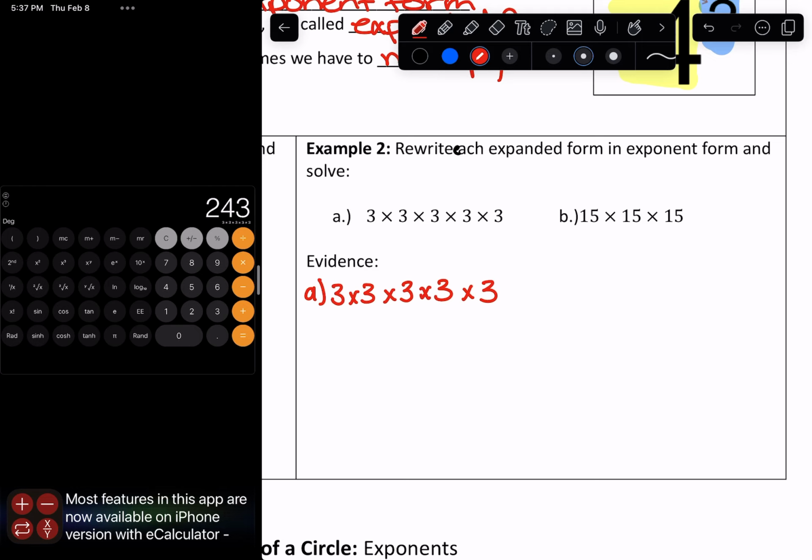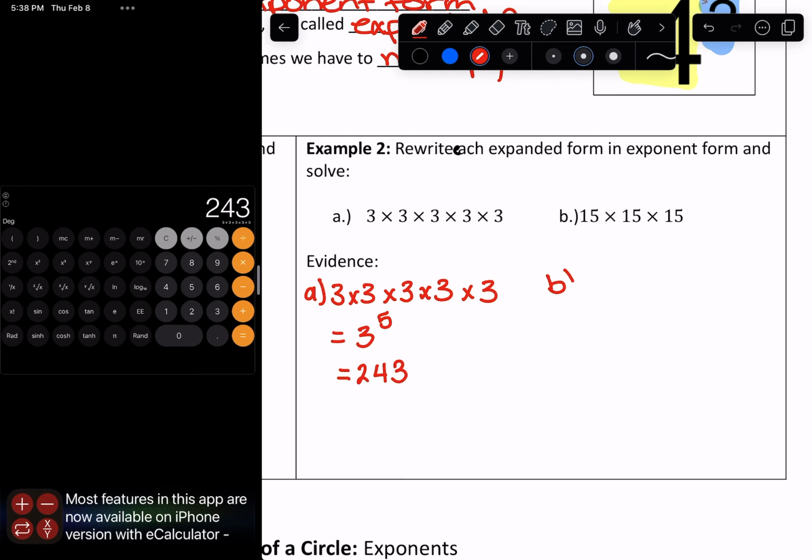So looking at this, I have only 3, so my base is going to be a 3. And then I have 1, 2, 3, 4, 5. That is going to be my power. From here, I can put that into the calculator however I want. So 3 times 3 times 3 times 3 times 3, 243.